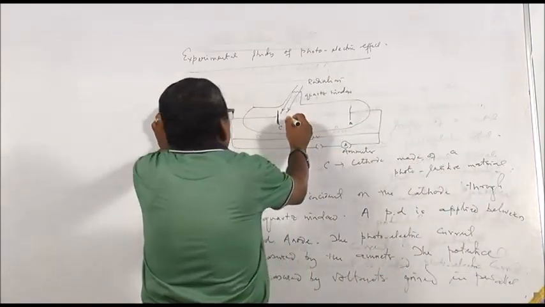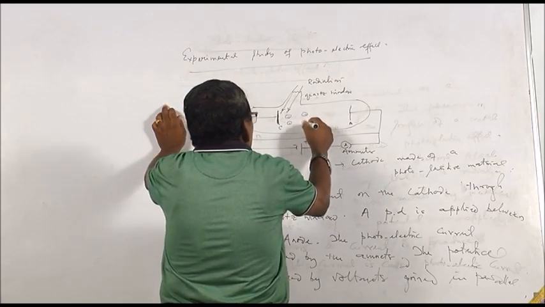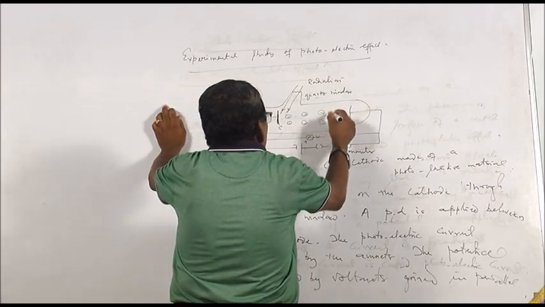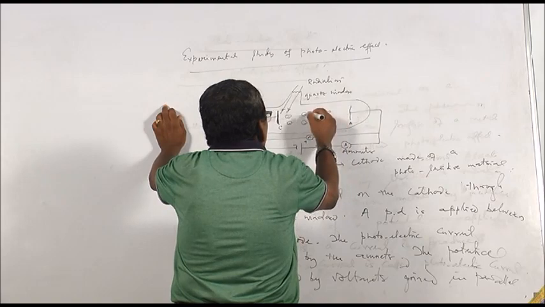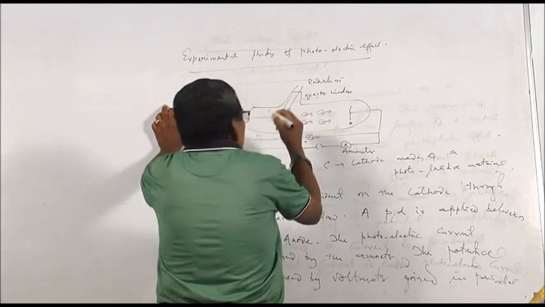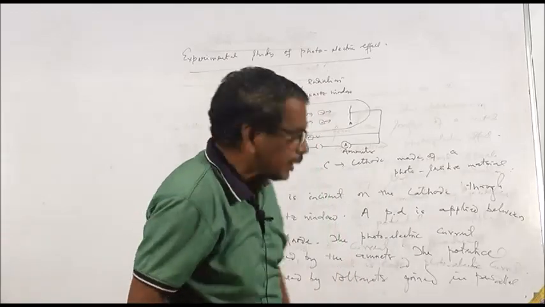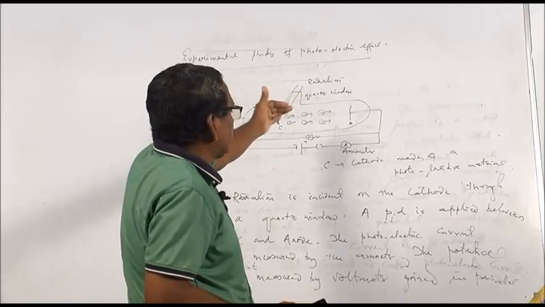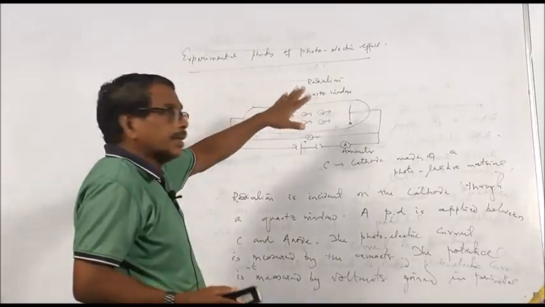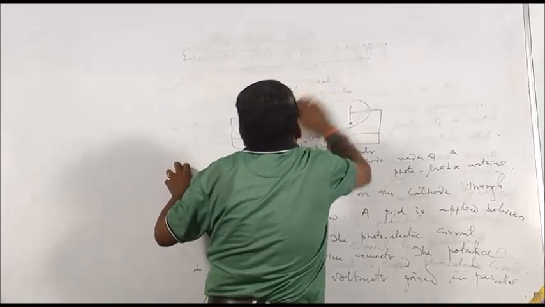So, electrons will be emitted from the cathode and move towards the anode. When radiation is incident on the photosensitive material, electrons will be ejected and attracted towards the anode, and we get current in the circuit. This is how you can study the photoelectric effect experimentally.